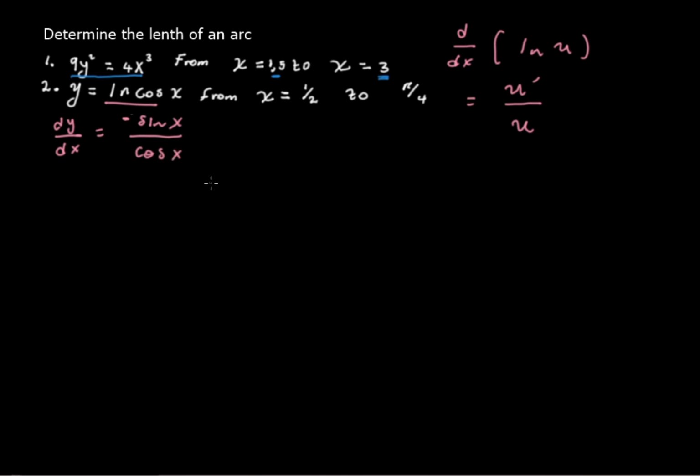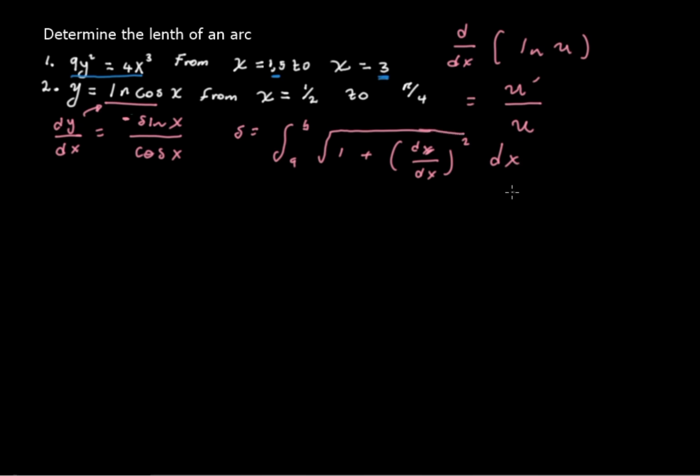Now you remember that the formula to find the distance between 2 points on the curve is s equals the integral ranging from a to b of the square root of 1 plus the derivative of the function that we are given, dy over dx, all squared. Don't forget this because you are integrating.